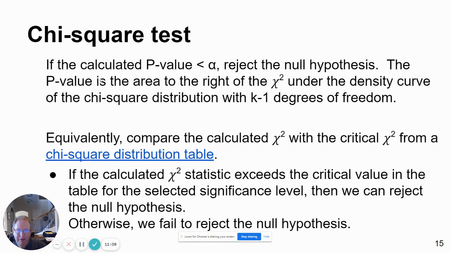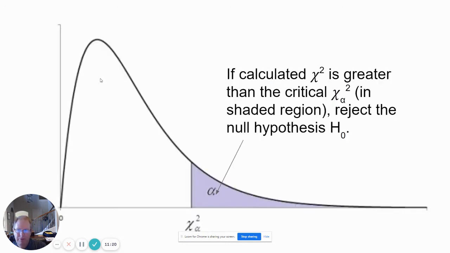And if the calculated chi-squared statistic exceeds the critical value of the table, then we reject the null hypothesis. Otherwise, we fail to reject the null hypothesis. So let's look at a chi-squared statistic, and on this chi-squared distribution, I have drawn a vertical line for the critical chi-squared statistic corresponding with my alpha significance level.